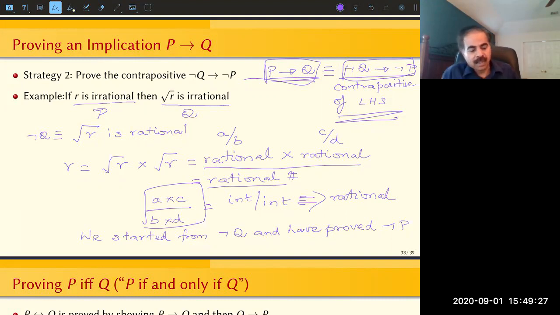Okay, so in most of these types of proofs, the main issue is figuring out what strategy to use, right? Once you realize that it's a contrapositive that you should try to prove, then the remaining steps become easy, okay? And of course, nothing is going to be easy the first time you see a proof.